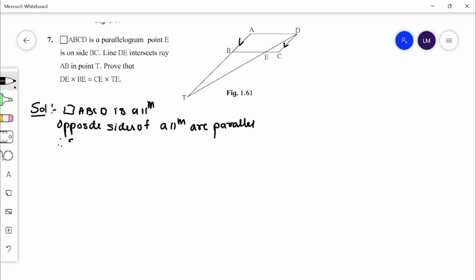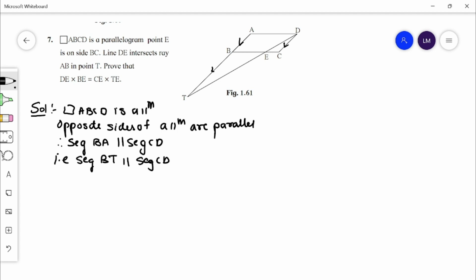Therefore seg BA is parallel to seg CD. Now this is parallel, that is we can even write seg BT is parallel to seg CD. This is BT. Now these two are parallel, right?